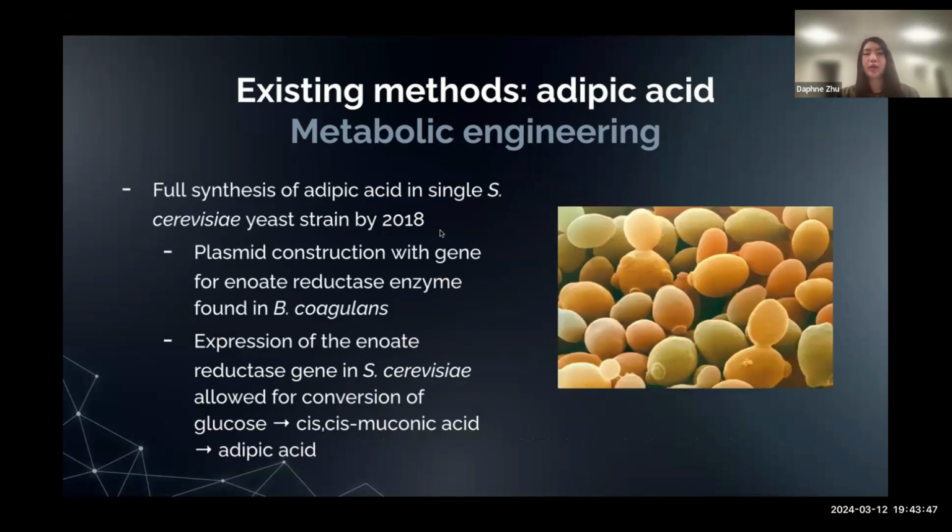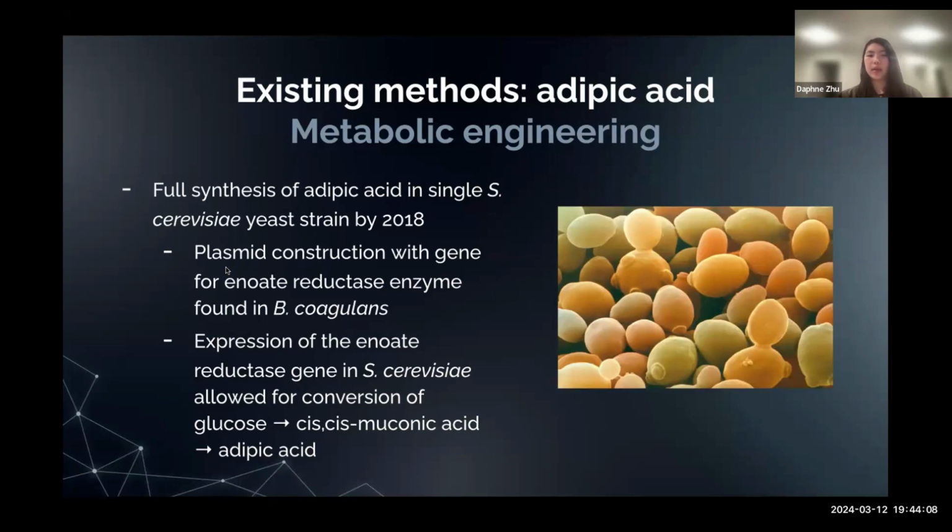Yeast is also a very common organism for biological adipic acid synthesis, and we'll be focusing on one method that was the first time they showed the full synthesis of adipic acid in a single strain.